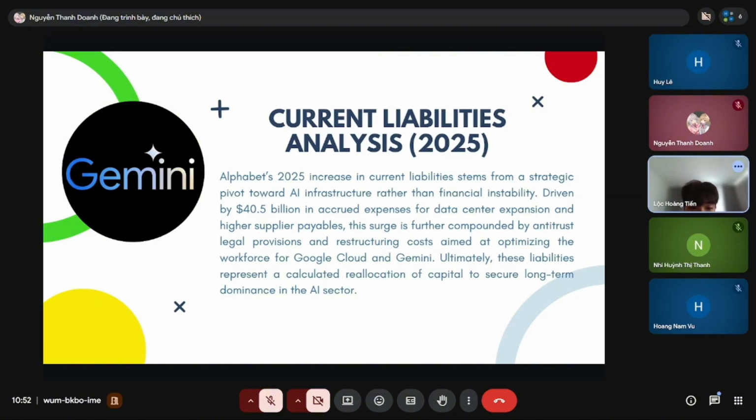This surge is further compounded by antitrust legal provisions and restructuring costs aimed at optimizing the workspace for Google Cloud and Gemini. Ultimately, these liabilities represent a calculated reallocation of capital to secure long-term dominance in the AI sector.